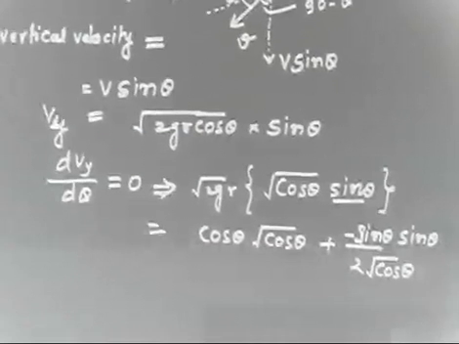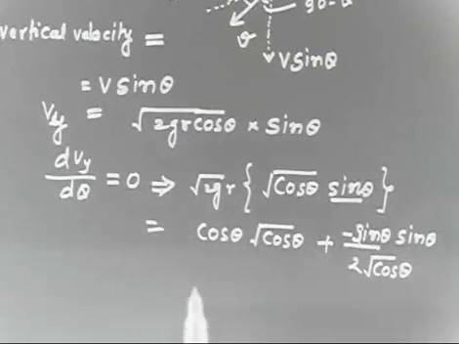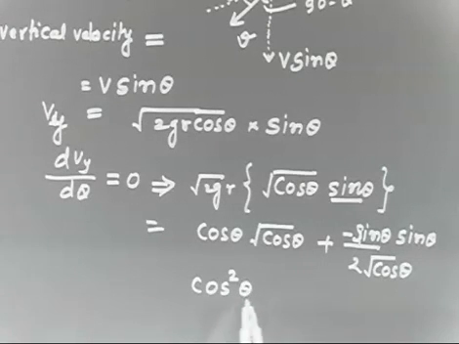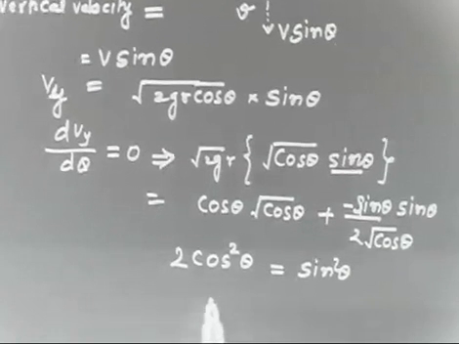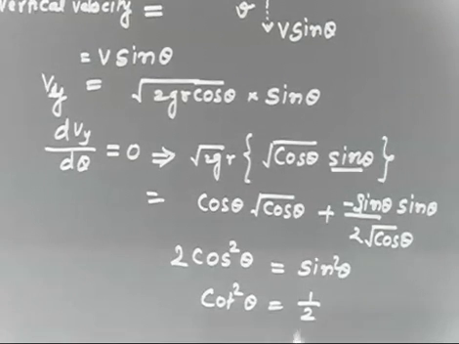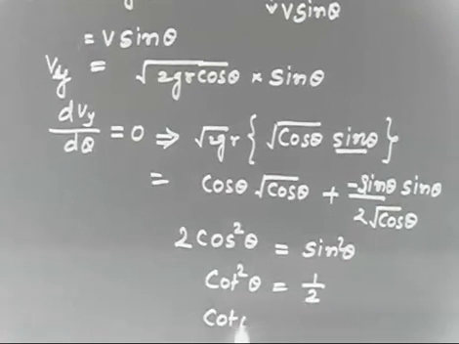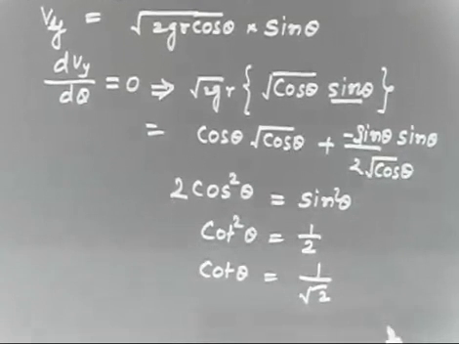This differentiation you can always do yourself. Are you getting or not? So this becomes cos square theta equals to sin square theta by 2, so cot square theta is equal to 1 by 2. So cot theta is 1 by root 2. This is the time when the vertical velocity will be maximum.